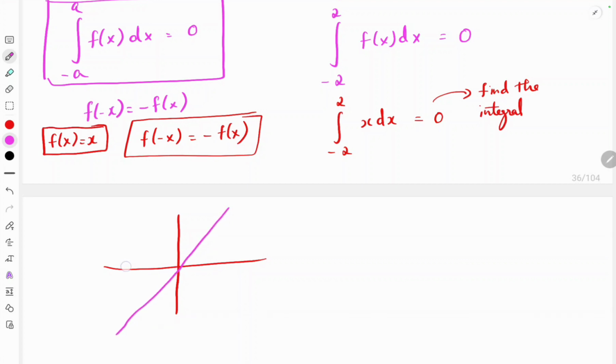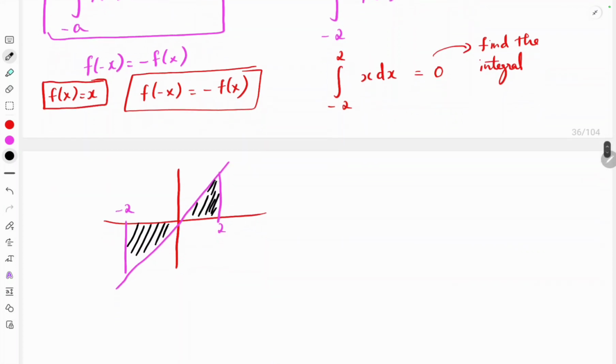Then I have to go from minus 2 to 2, which means they are asking this area. How can this area be negative? It cannot be negative. Whatever answer we are getting here, suppose it is some a1, and this answer is a2.